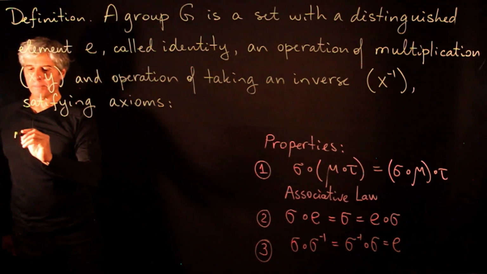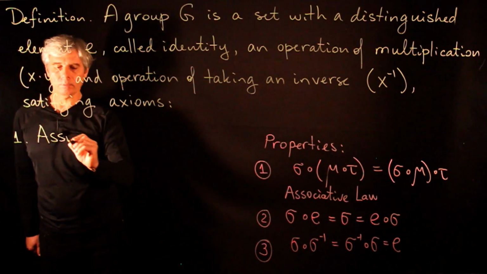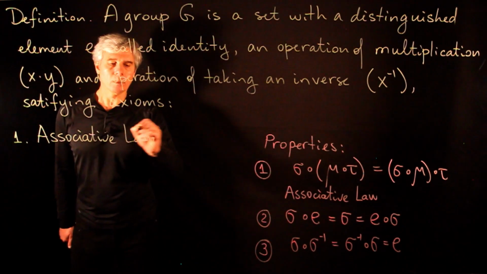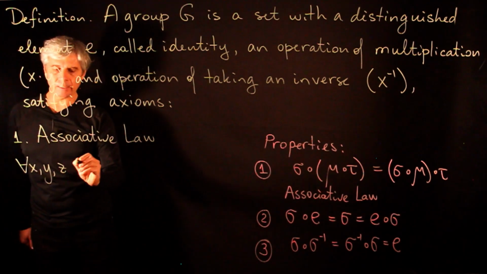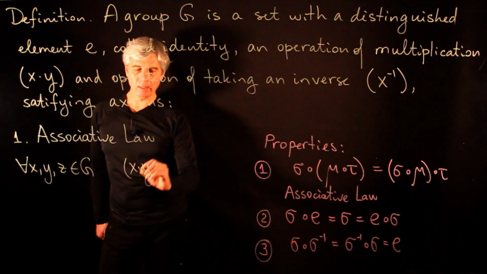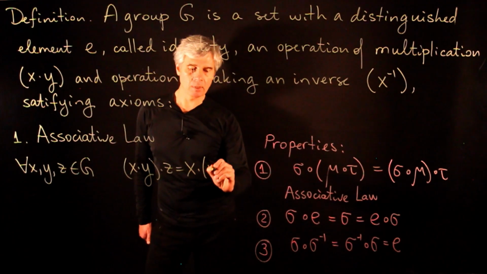So 1 is the associative law that says that for all x, y, and z in the group G, x times y times z is equal to x times y times z.